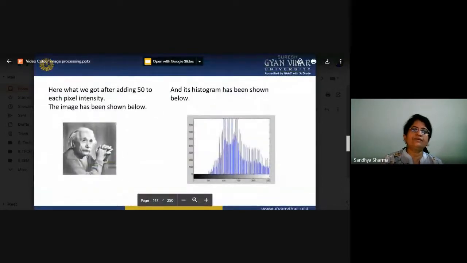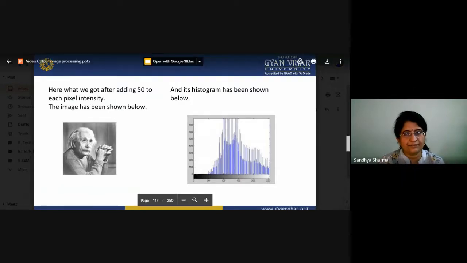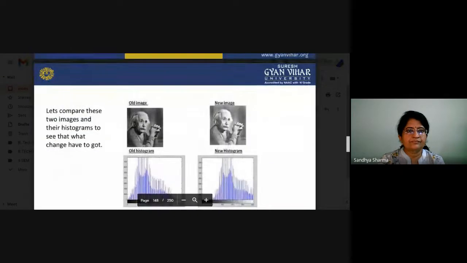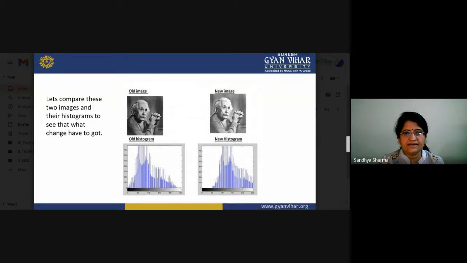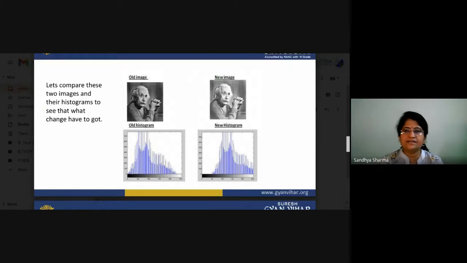Here is what we got after adding 50 to each pixel intensity. The image is shown below. It is a little bit brighter, and its histogram is also shown here. Let's compare these two images and their histograms to see what changes have occurred. This is the old image and this is the image after adding 50.